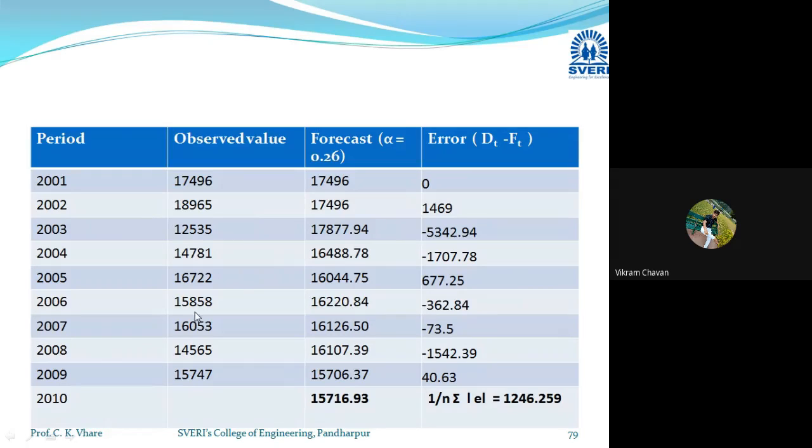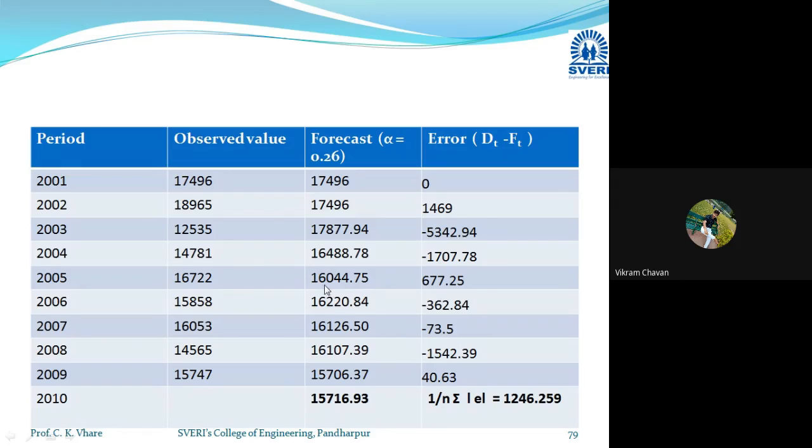Then next, forecasted value. For that purpose, the initial value, the last period demand, is 16,722, and the forecasted demand for the current year we have to consider as 16,044.75.